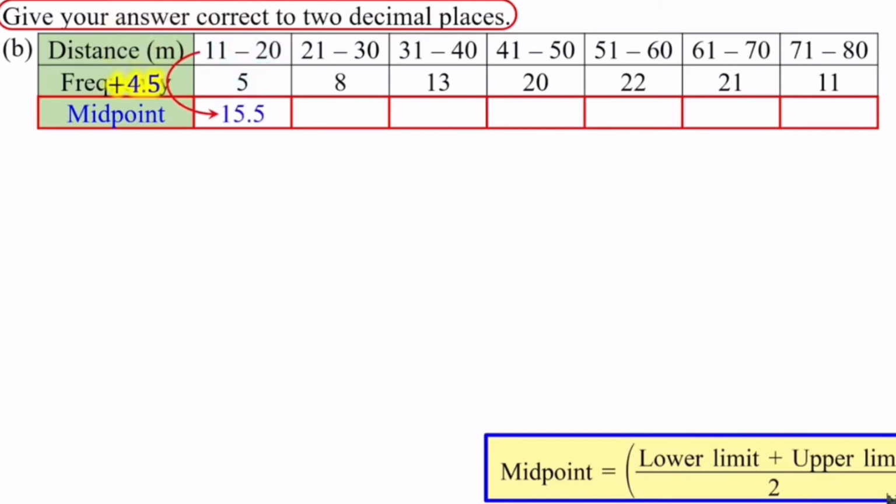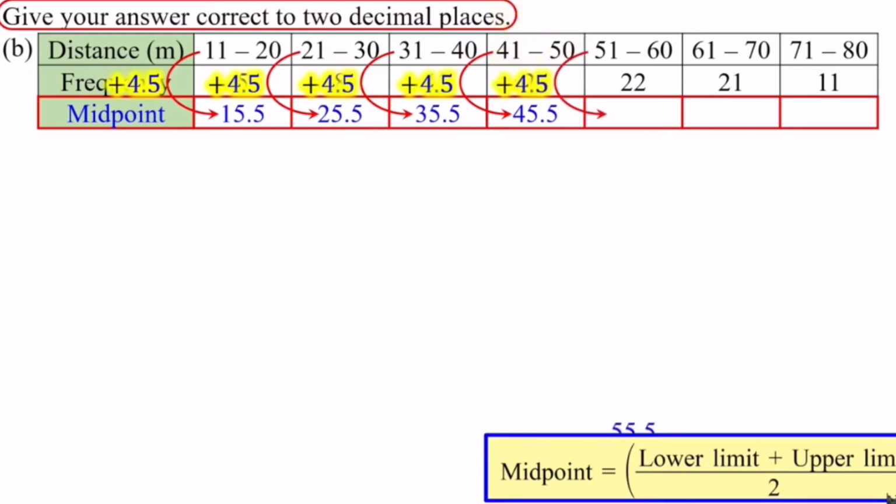Now the difference between 15.5 and 11 is 4.5, right? So we are going to plus 4.5 to 21, so it becomes 25.5. 31 plus 4.5 will get 35.5. Or you can say each of the midpoints you plus 10, right? Instead of plus 4.5, you can take 35.5 plus 10, 45.5. That is how I do.